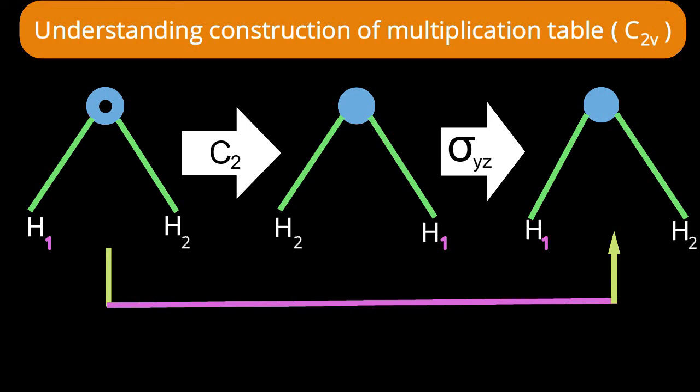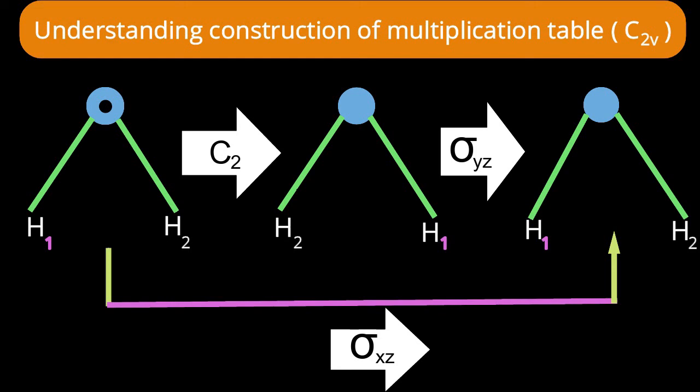The resultant structure can be obtained by sigma XZ operation. It is the molecular plane. Because of the reflection through the molecular plane, the hydrogens in the original structure will remain as they are, left side hydrogen 1. And the nose which is towards us will go away from us. So what can we say now? C2 into sigma yz, the answer is sigma xz.